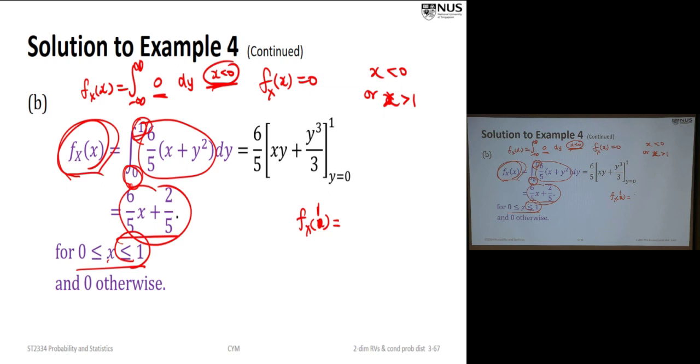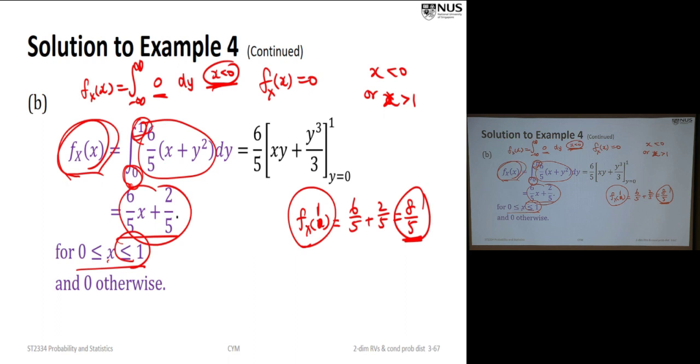I substitute x equal to 1, then it is 6/5 plus 2/5. Is this number bigger than 1? 8/5 is bigger than 1.